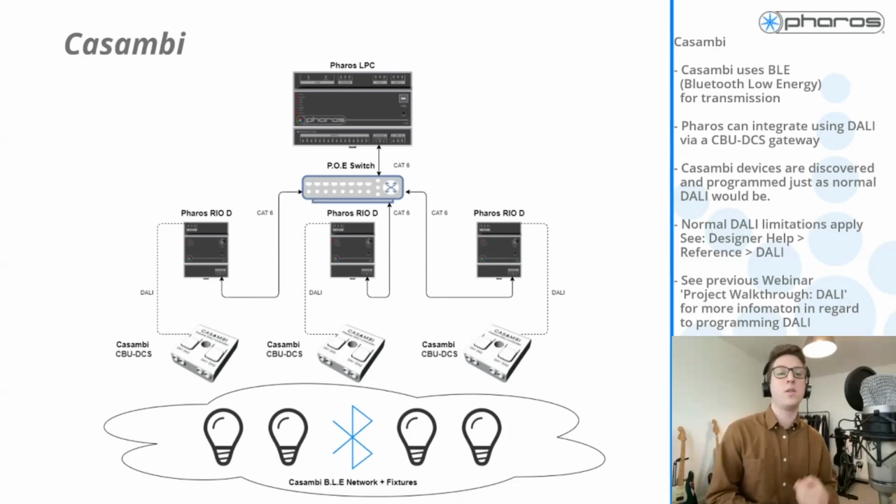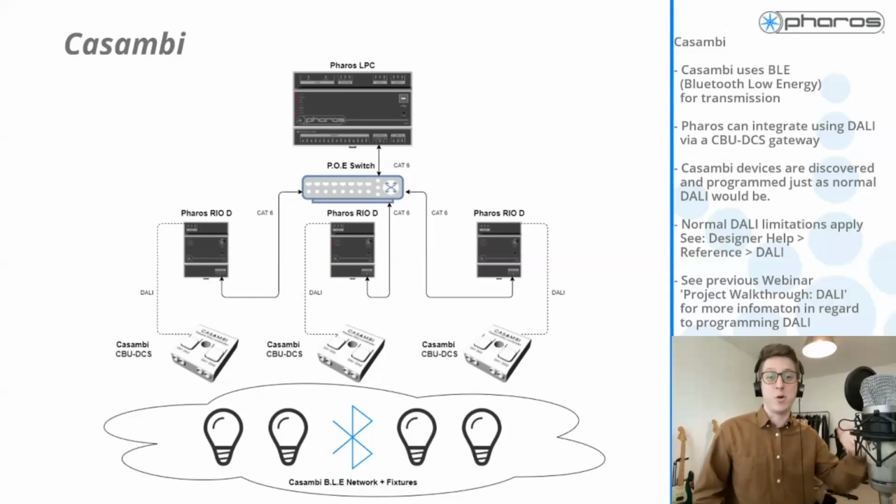If you want to know what our DALI limitations are, you can look in the help, but it's pretty expansive. For instance, if you're using an LPC X, you can have 100 RIO Ds. That's 100 RIO D interfaces, which means you can have 100 gateways connected to the system, one gateway being connected to a RIO D.